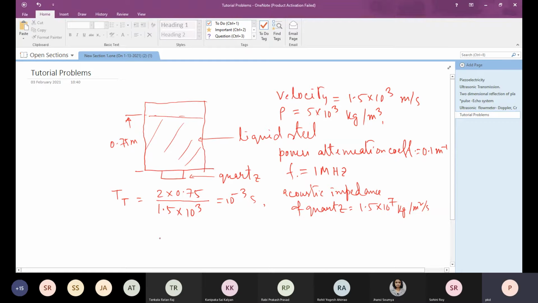This one would be the acoustic impedance, rho is given, 5 into 10 cube, and C is given, 1.5 into 10 cube.